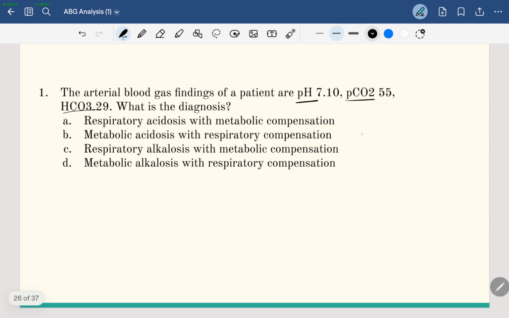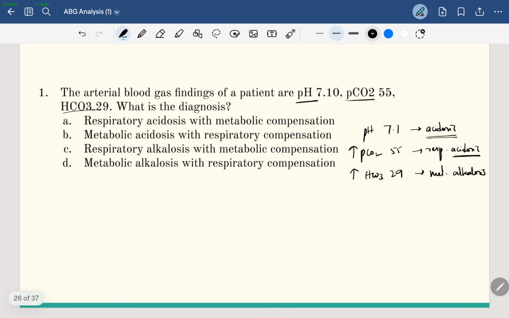So let me rewrite these. pH of 7.1, which is acidosis. PeCO2 of 55, which is high, which is a respiratory acidosis. And bicarb of 29, which is high and suggests a metabolic alkalosis. Now to determine the primary disorder, you just need to look for which one matches.